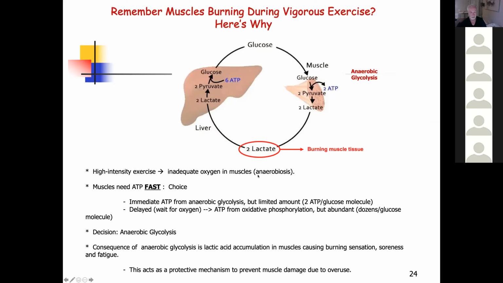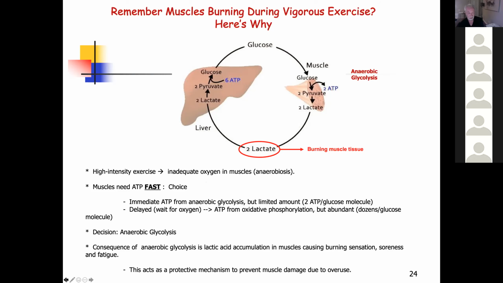Because you have inadequate oxygen. Your muscles need ATP. Where are they going to get it? They could get it either from substrate level phosphorylation and have it immediately, or they could wait for oxidative phosphorylation, which would take a while, and get a lot of ATP, but they don't have time to wait.